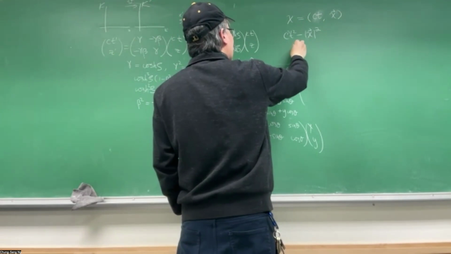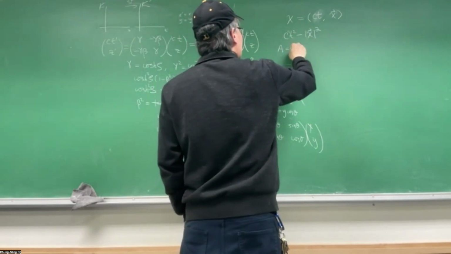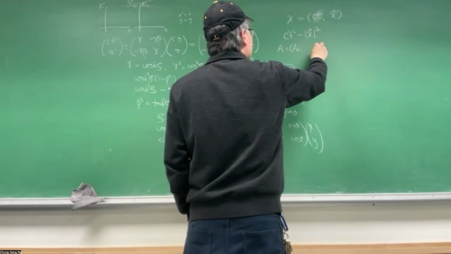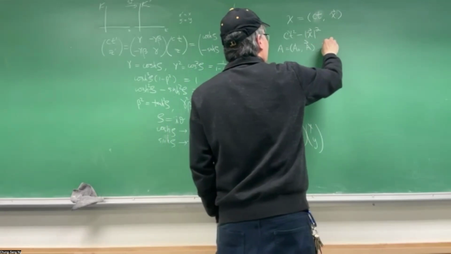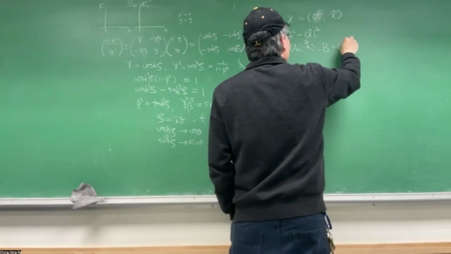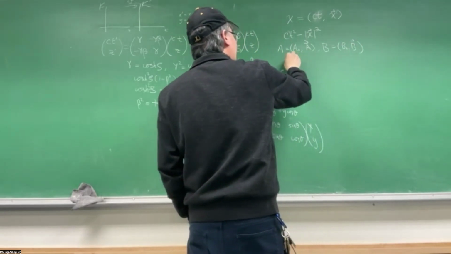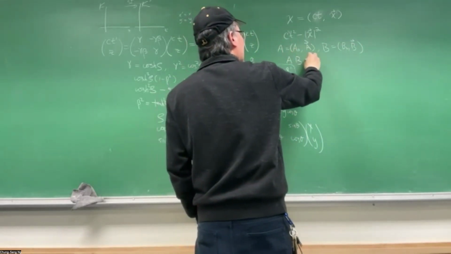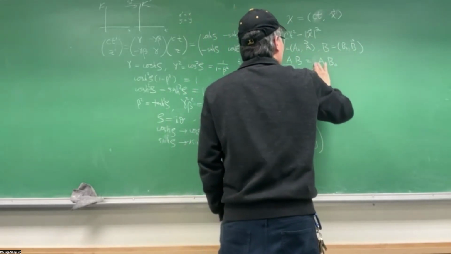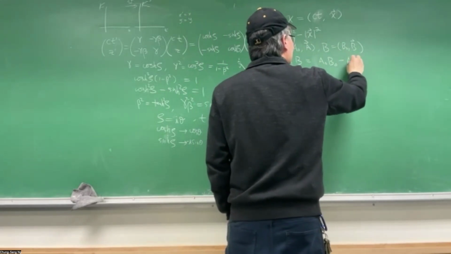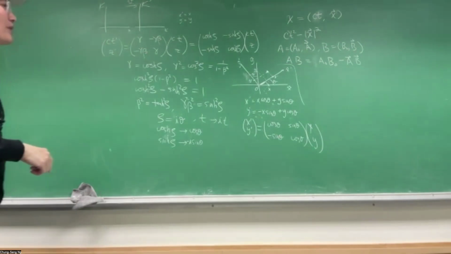And likewise, if you have two four vectors, A with A0 and A vector, and B with B0 and B vector, then you can define a dot product of A and B, with A0 B0 minus the usual three-dimensional space dot product.